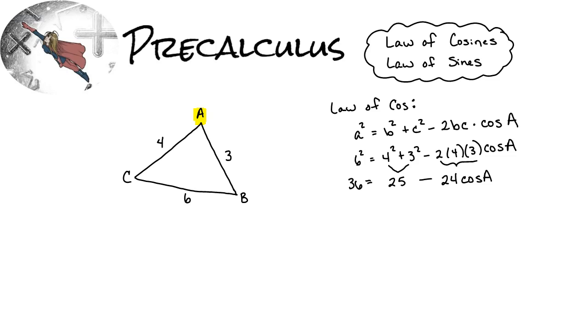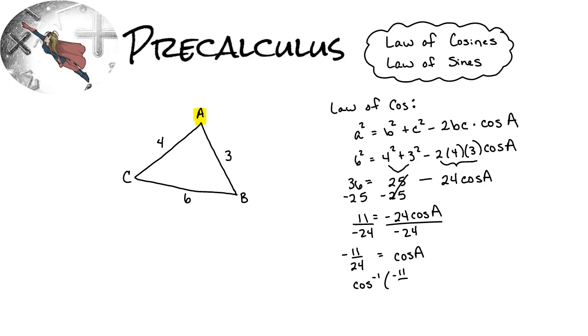What we have to do is subtract 25, and that gives us 11 equals negative 24 cosine of A. Divide both sides, and then we'll have cosine of A equals negative 11/24, and then we'll do cosine inverse of negative 11/24 in our calculator to get the measurement, which is 117.28 degrees.